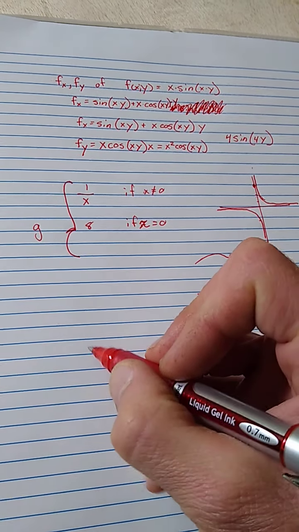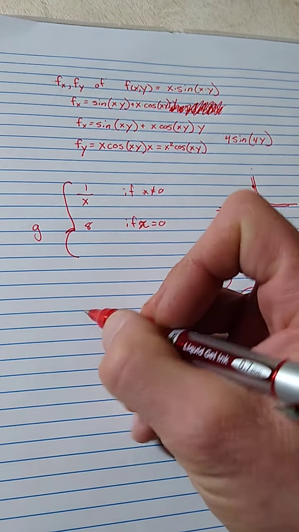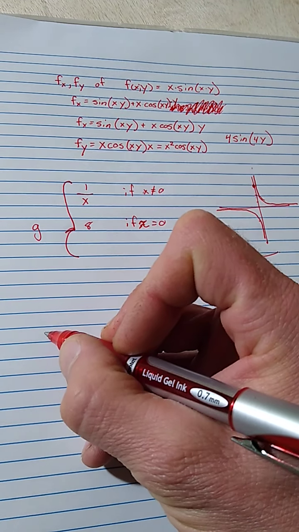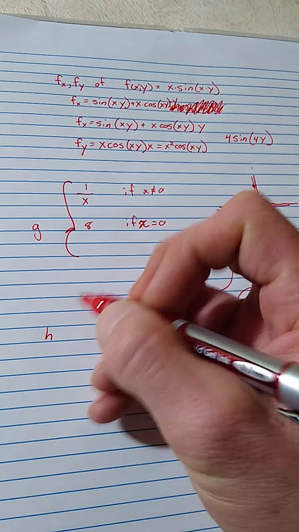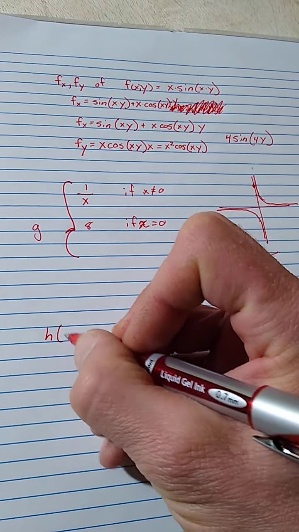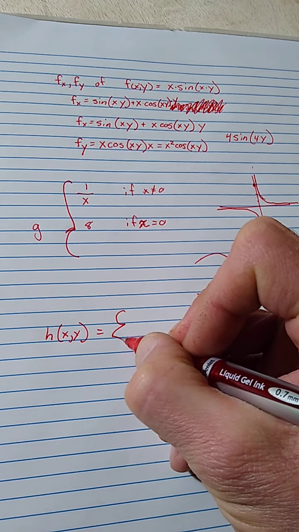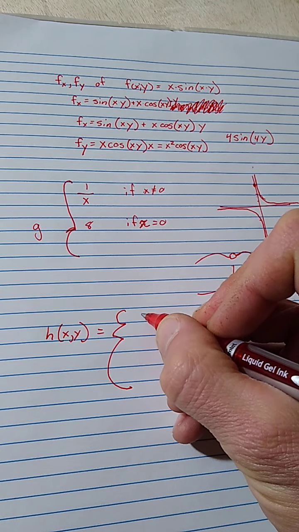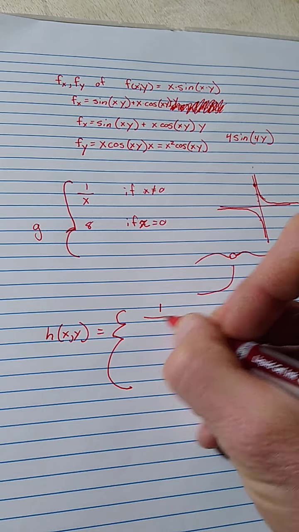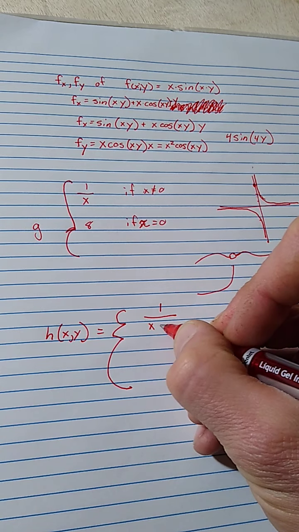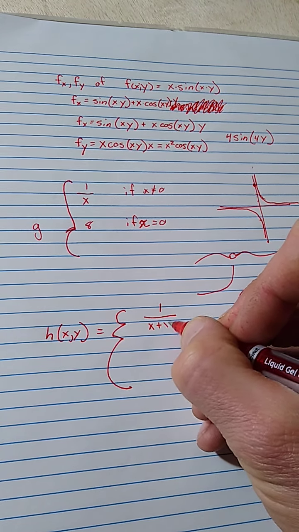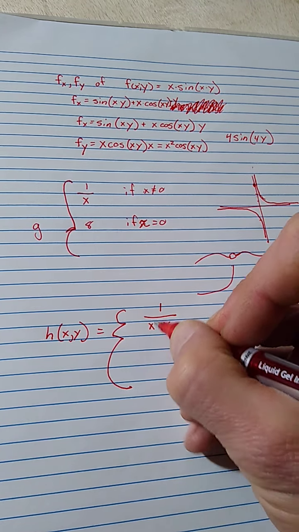So if we have a more complicated function, let's say h of x and y that equals, let's say it's 1 over x plus y, and let's raise each of those to the 4th power.